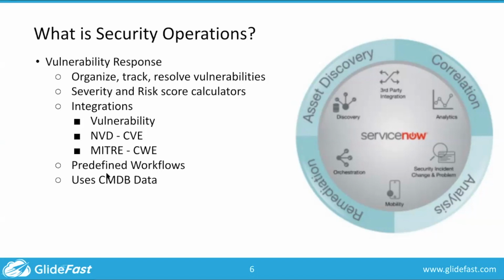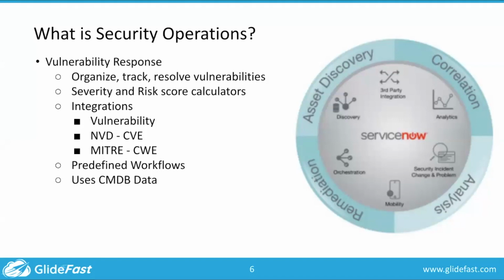Also, the integrations. Out of the box, you'd have integrations with the National Vulnerability Database for common vulnerabilities and exposures, and also with MITRE for CWEs, the common weakness enumerations. So any one of those items that gets fed into ServiceNow via that integration can be linked to a vulnerability.